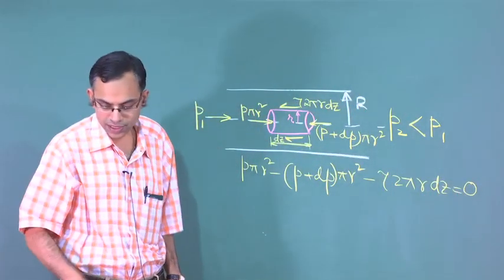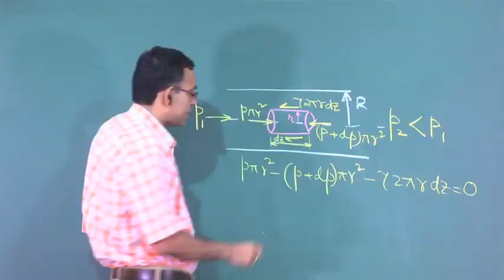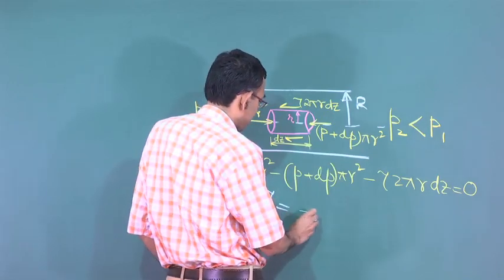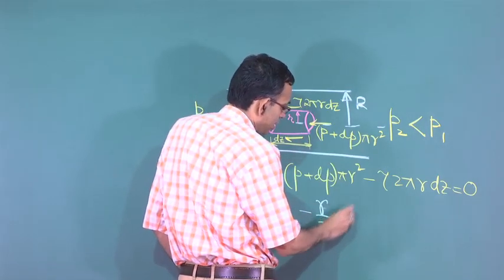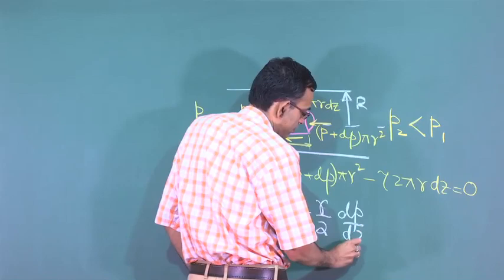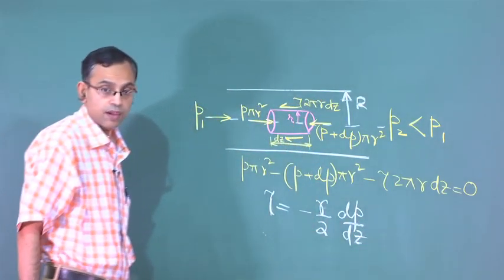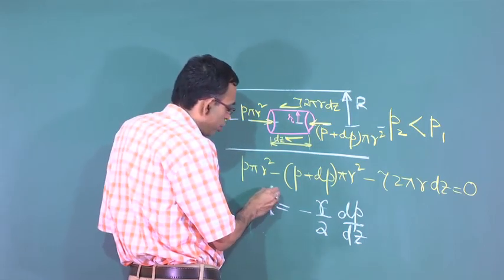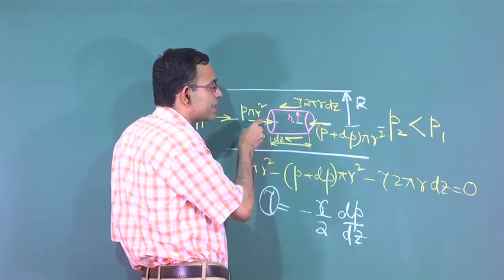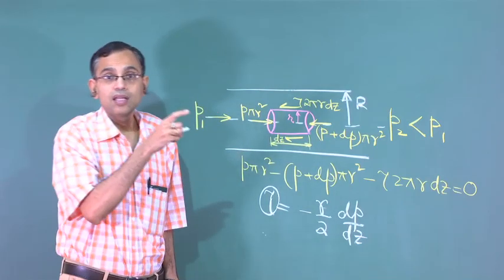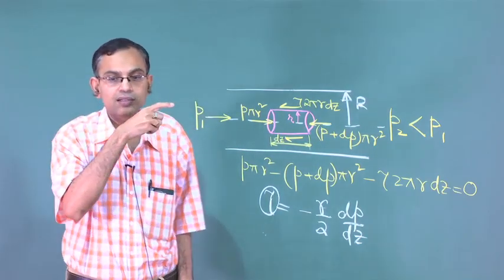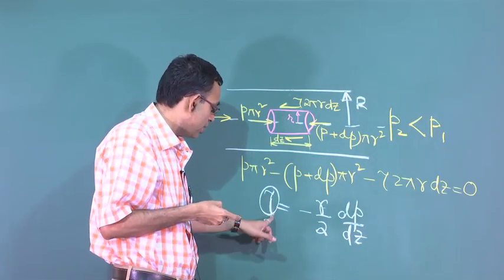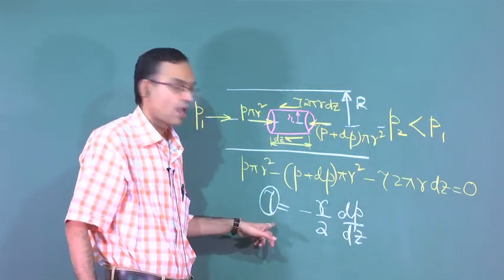So, if you simplify this, you will get tau is equal to minus r by 2 dP dz. Then by Newton's law of viscosity, if this fluid is Newtonian, now this is where you can make sure that you apply this equation to different types of fluids.